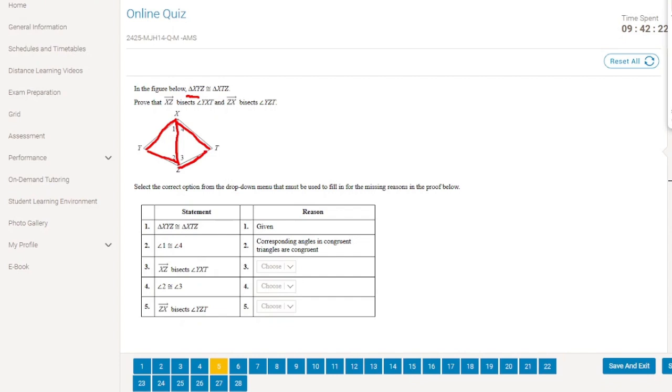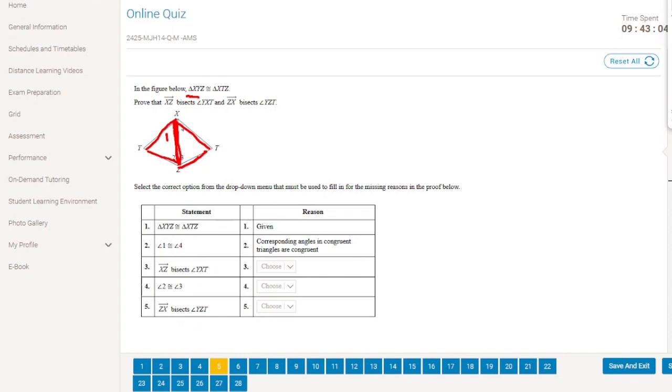Now prove that XZ bisects angle YXT, and ZX bisects angle YZT. Now here, select the correct option from the drop-down menu that must be used to fill in the missing reasons in the proof below.